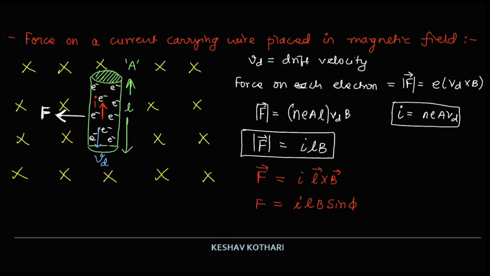If we align two fingers in the direction of magnetic field and current, then our thumb will align itself in the direction of magnetic force, such that the force F vector is perpendicular to the length of the conductor and magnetic field.